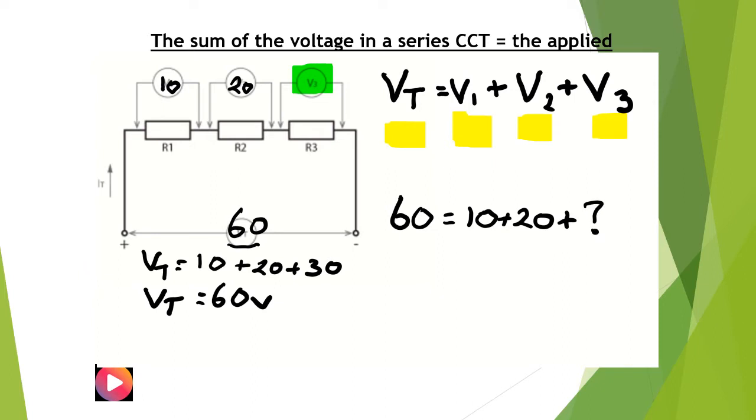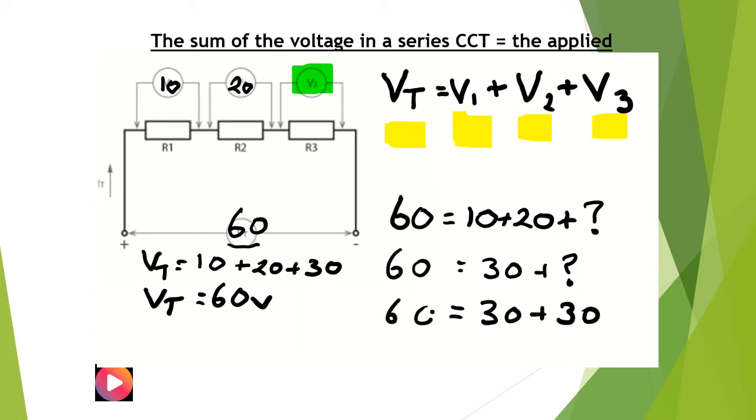Depending on how you want to do this, we can transpose the formula, but I think if we looked at this and said simply 60 is equal to 10 plus 20, which is 30, plus what equals 60, you would realise that 30 plus 30 equals 60. So therefore, in this setup, the voltage here is equal to 30 volts.